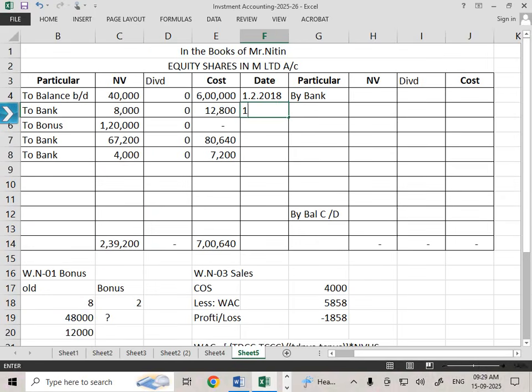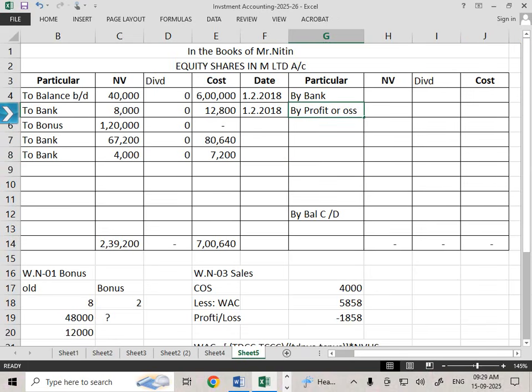Same date, 1/2/2018. Write down by profit or loss. Not the nominal value column, not the dividend column, but here the cost column, 1858.